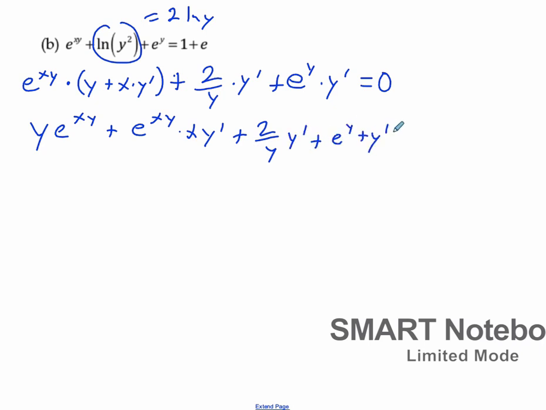Alright, now let's get our y primes together and factorize. So y prime times, this is x e to the xy, so that term. And then this one here is 2 over y, and then we have another y prime. Is this, so this should be multiplied here.